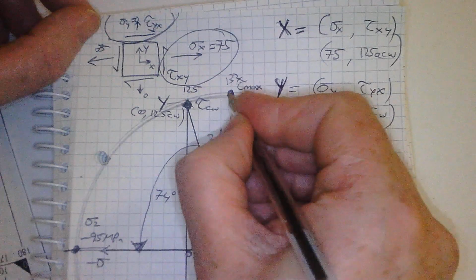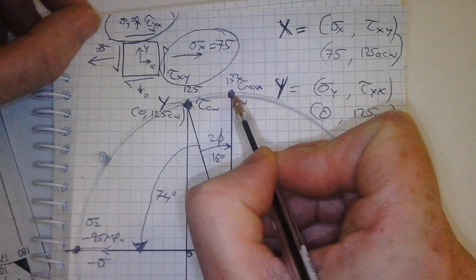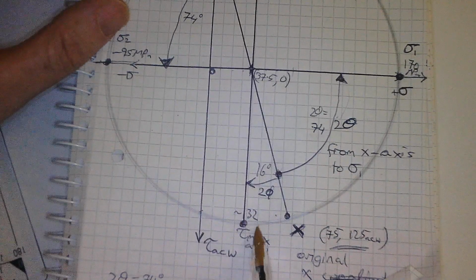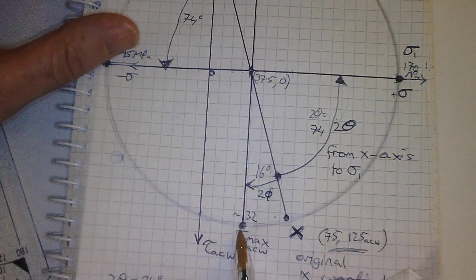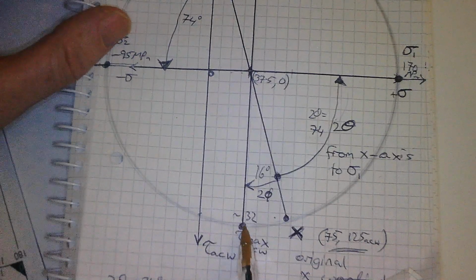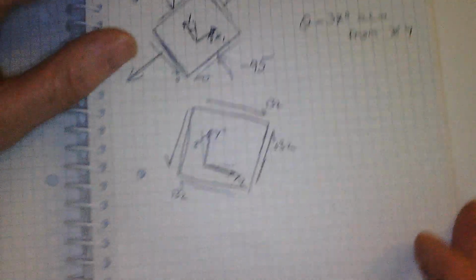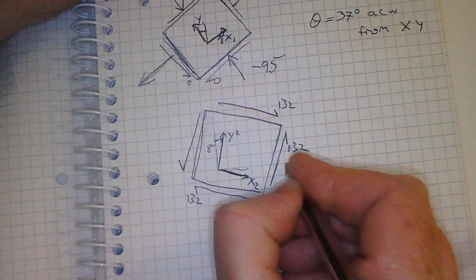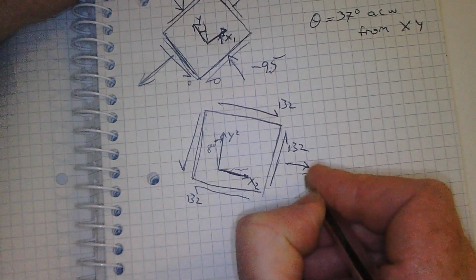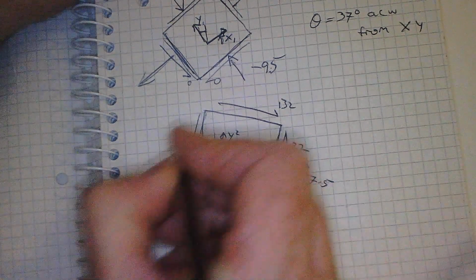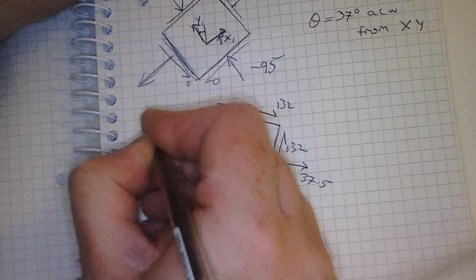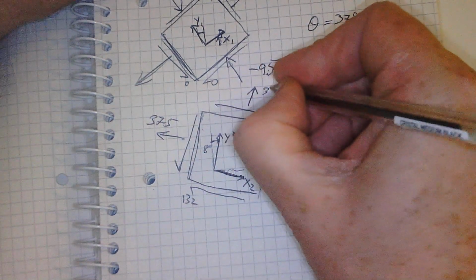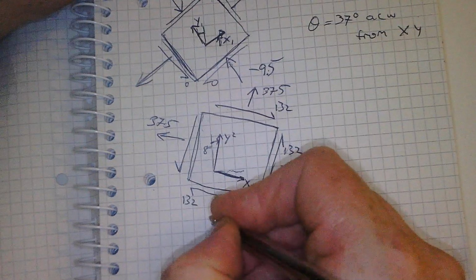So the coordinates at this point here would be 37.5, 132. And the coordinates of this point down here would be 37.5 and 132 anti-clockwise. So going back to this stress element that's 8 degrees rotated clockwise, we're actually going to have 37.5 this way, 37.5 this way, and 37.5 this way.